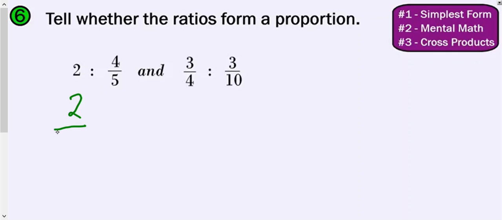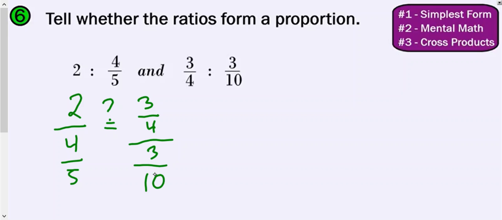So we have 2 over 4/5, which forms a complex fraction, and then we have 3/4 over 3/10. Now we're going to multiply cross products. We multiply this way, so we get 4/5 times 3/4.